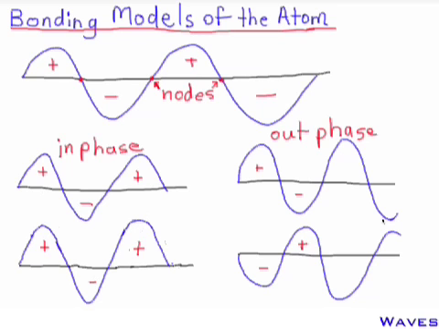Now, with this understanding of waves, we can go back in history and examine how this concept was originally applied to the electron. Now, in the year 1924, an individual named de Broglie utilized two equations for energy to propose that electrons had wave character.